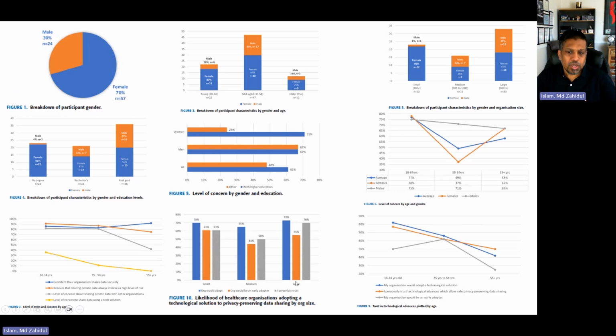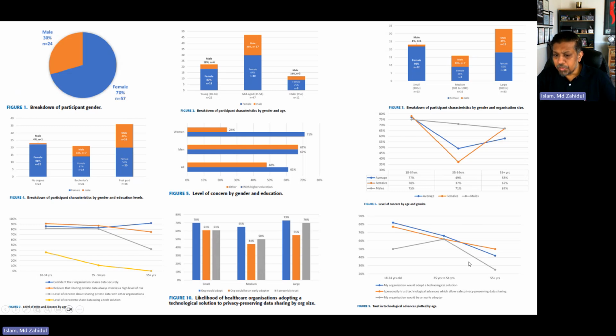So employees or staff members in larger organizations have more personal trust in technological solutions compared to medium, which is 50% only, as opposed to 70% for large organizations. Similarly, the confidence that the organization would adopt is also higher for large organizations.